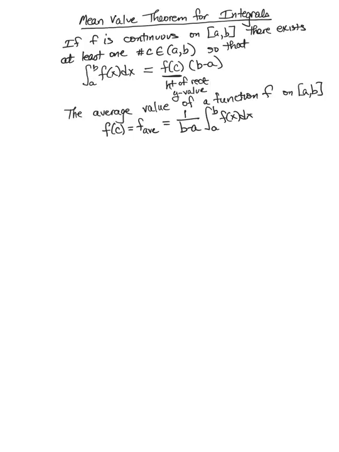So what we just did here is we divided each side of this equation by b minus a to isolate f of c. And when we isolate f of c, which is so important, we call that the average value of the function.